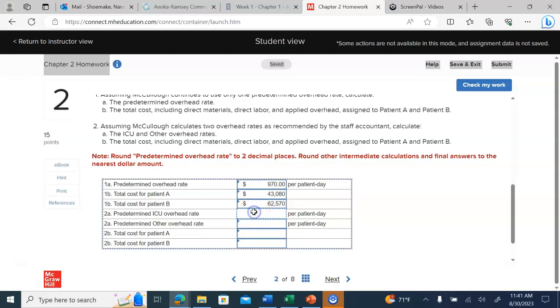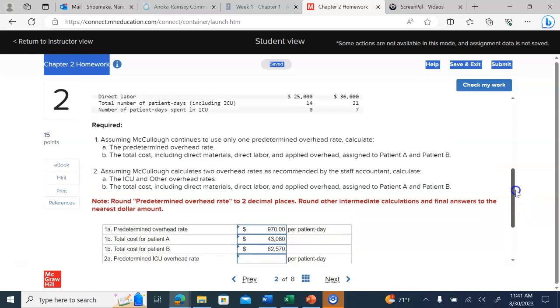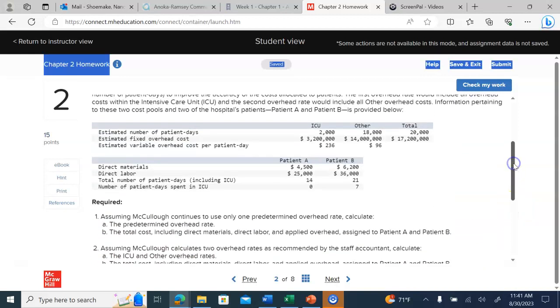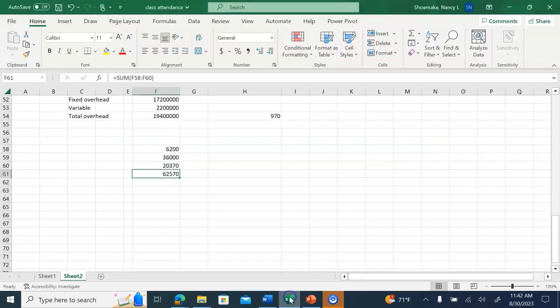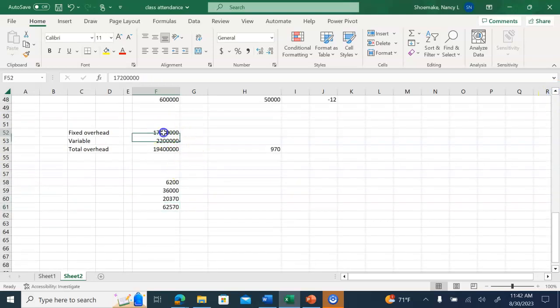Now, the predetermined ICU overhead rate, how will we calculate that? Wouldn't it be the 3,200,000 plus the 236 times 2,000, right? The fixed is, how much did I say? 232?